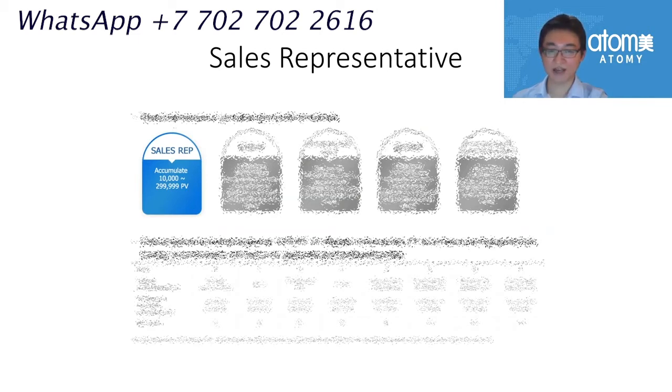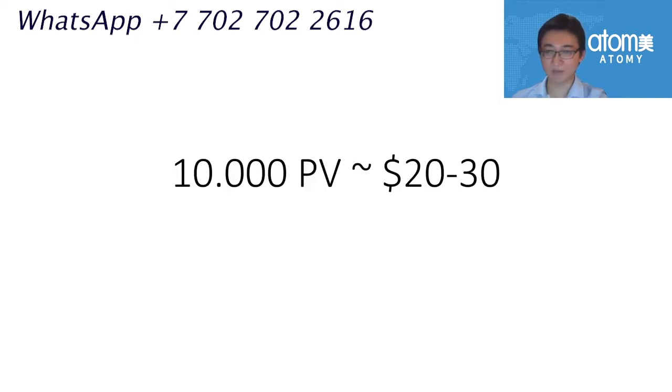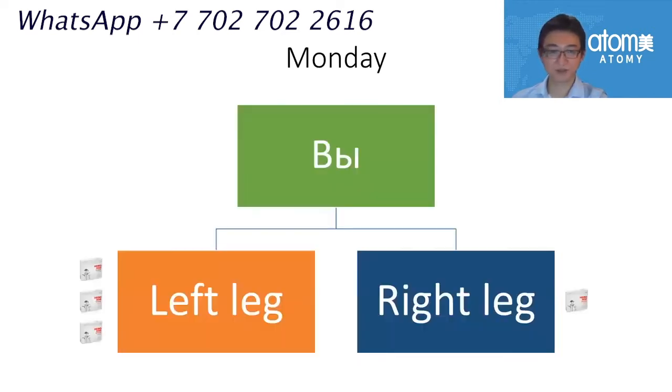After that, your group PV can be calculated and you can receive money from the company. So in order to start earning money with the company, you need at least 10,000 personal PV. How much is 10,000 PV? It's approximately $20 to $30. And let's go back to this scenario.